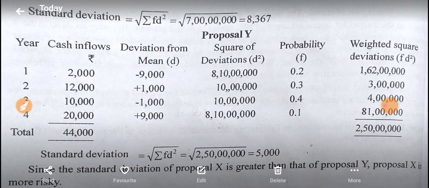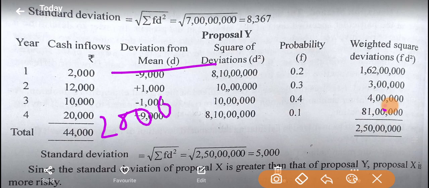So we are moving toward the next stage. What is the next stage? We want to find the deviation from the mean. So we are finding the deviation, that is 2,000 minus the mean value, that is 11,000. Then you will get minus 9,000. Like that, we find all the deviations.